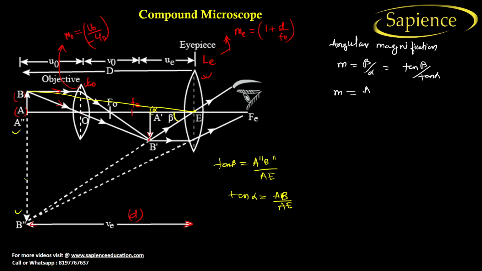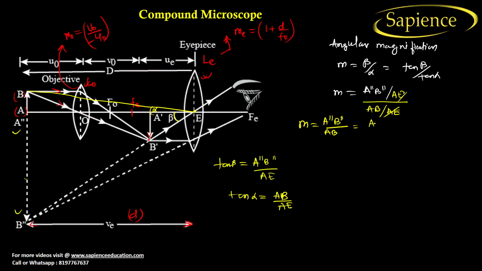So from here what we can write here, a double dash b double dash divided by b double dash o, not b double dash, it will be a dash b dash by AE divided by AB divided by AE. Now AE got cancelled, so finally we are getting magnification is equal to a double dash b double dash divided by AB.